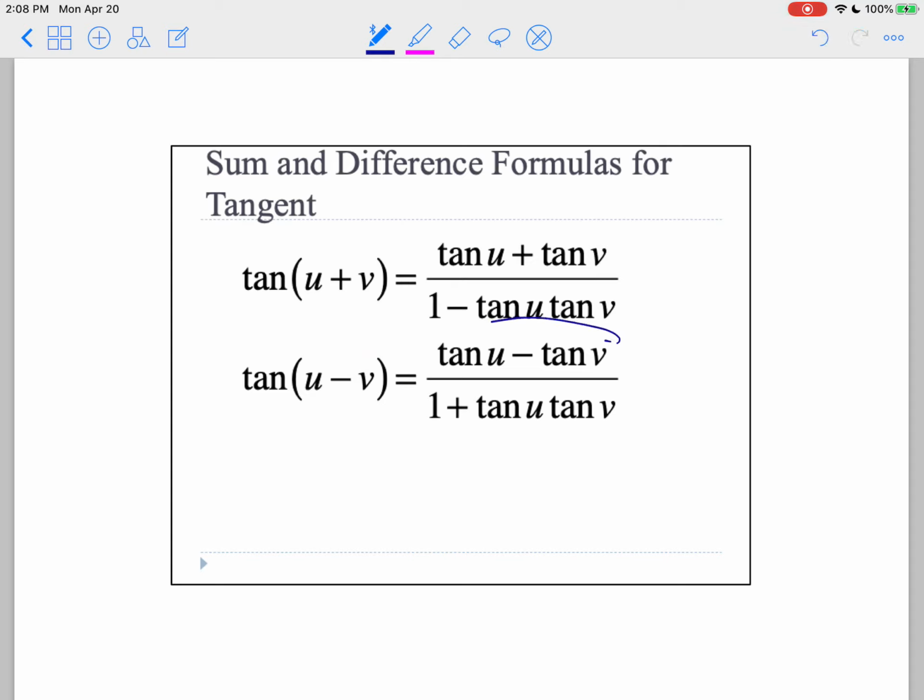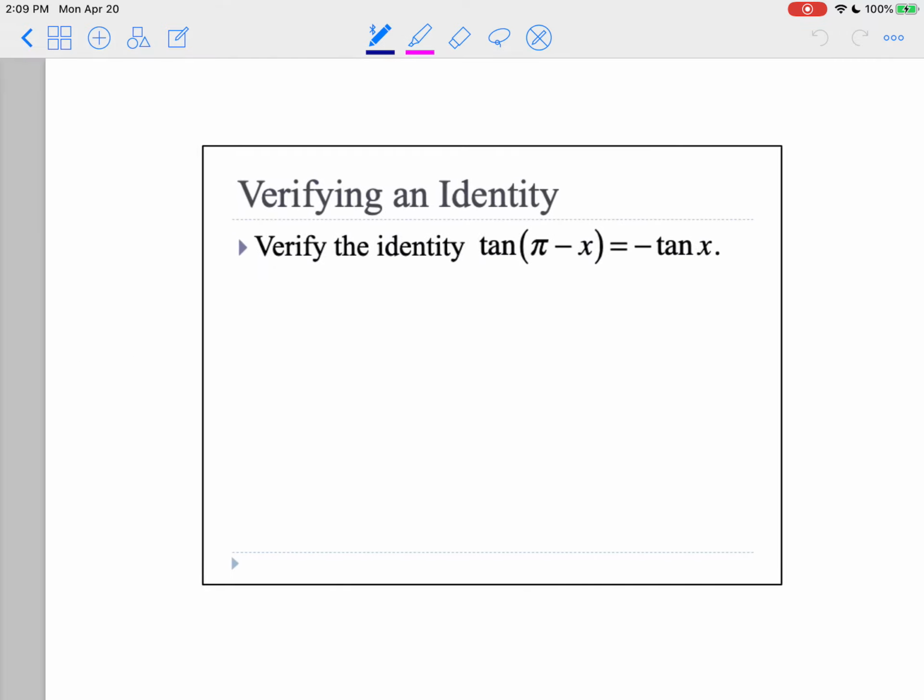But also, if you see something that looks like this, you can rewrite it as the difference inside of a tangent, or a sum if you see something that looks like this. So these formulas work both ways, and that's a little hint for one of the problems on the problem set for today. Just make sure you know that you can use these formulas in both directions.